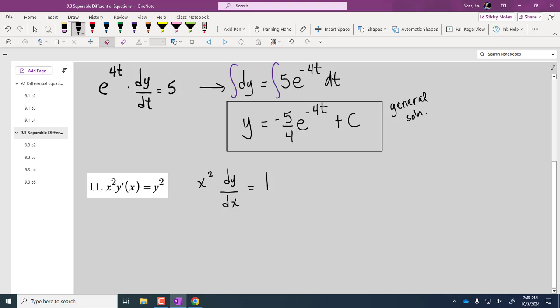The first thing you'll always do is have it in the differential form, not in the prime form. And now, solve for y.